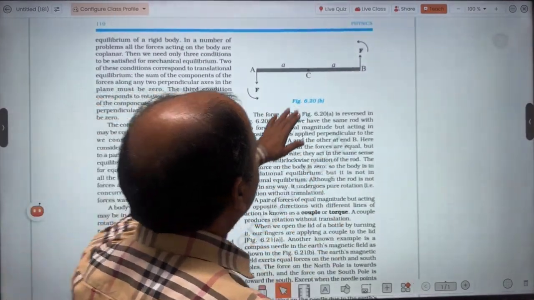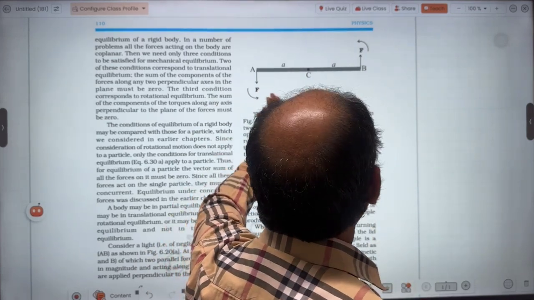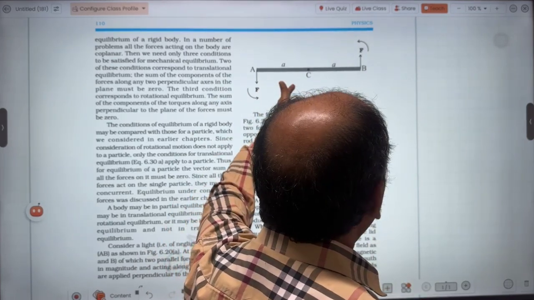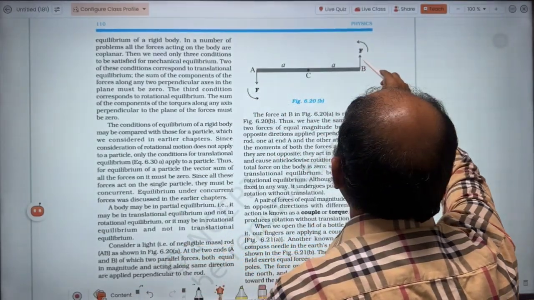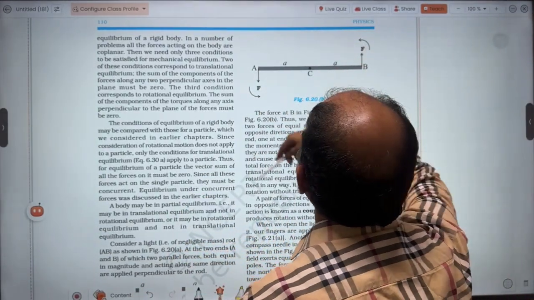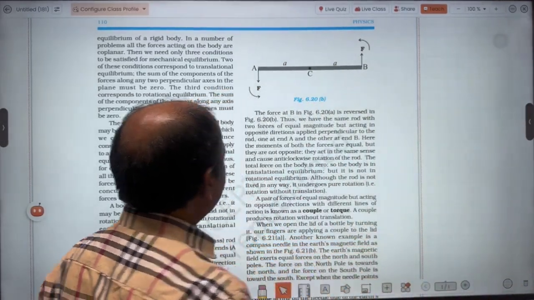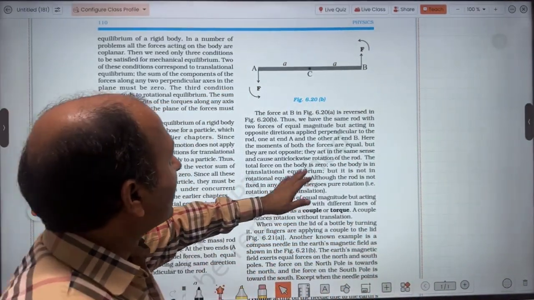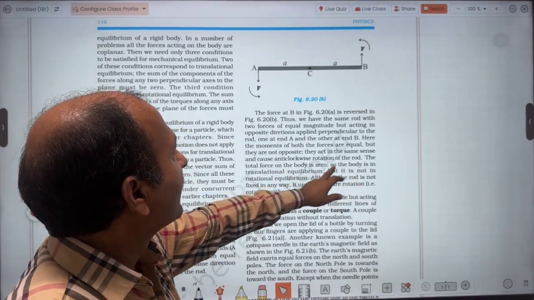In this case, what is happening? Here again the point is fixed, so the body cannot move. So there is no question of considering translational equilibrium. But as far as rotational equilibrium is concerned, here the body will rotate, right? So in that case, the total force on the body is 0.